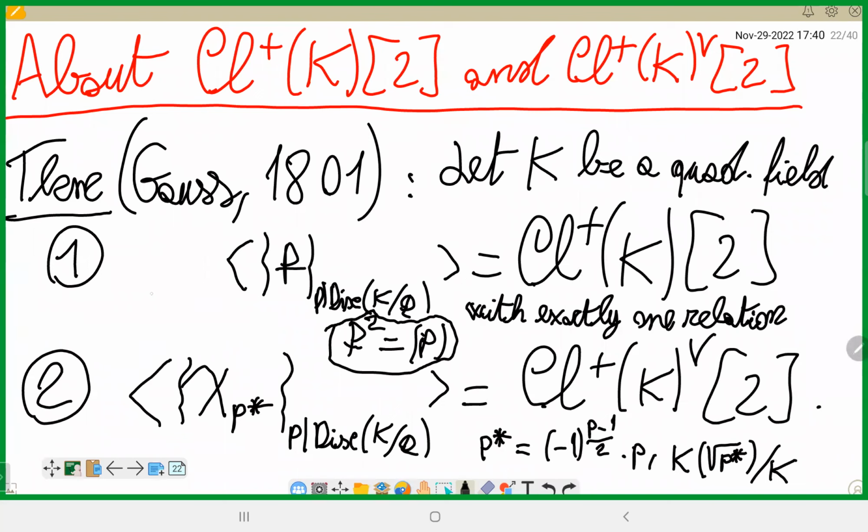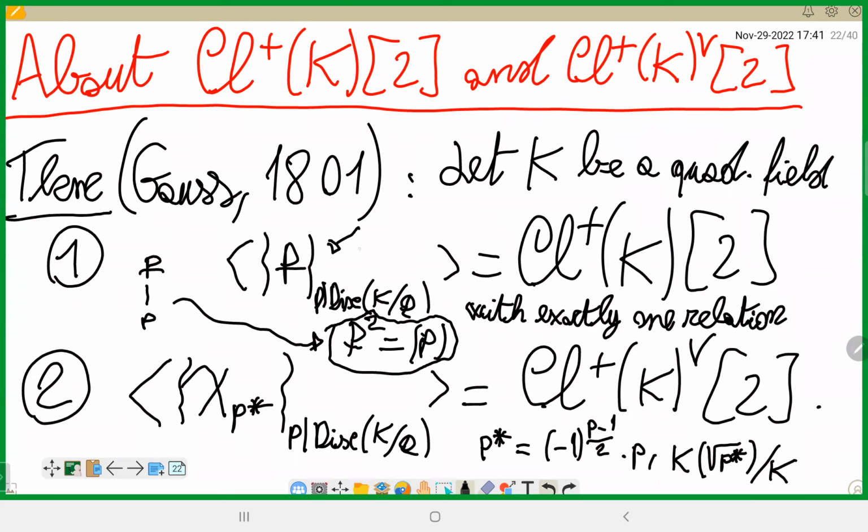You go along all the primes dividing the discriminant, and you have 𝔭 over p, so you have this relation. 𝔭 squared is p, which is totally positive, so 𝔭 is clearly in the two-torsion. So these are obvious classes in the two-torsion.